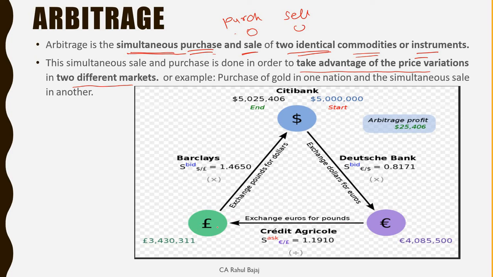Then they convert it to pounds, and it becomes 3.43 million, and again it gets converted, and the value becomes 5.025 million. So this is the gain. Started with 5 million and ended with 5.025 million. So that is arbitrage: buying in one market and selling in another market, identical commodities, goods, or instruments.